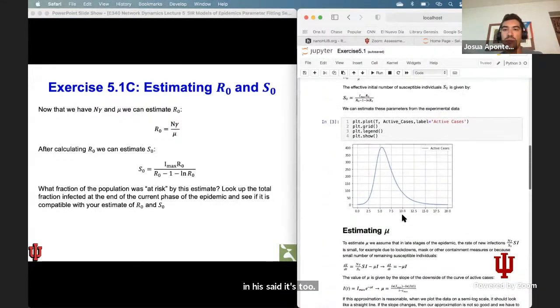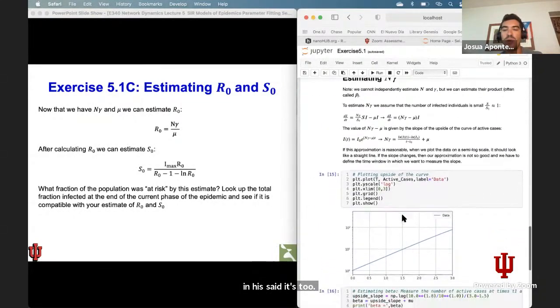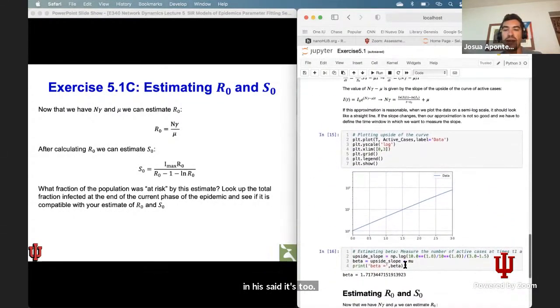In our estimates, we might be a little bit off because we are basically eyeballing it. So there might be some measurement errors, but we're all within a reasonable range.